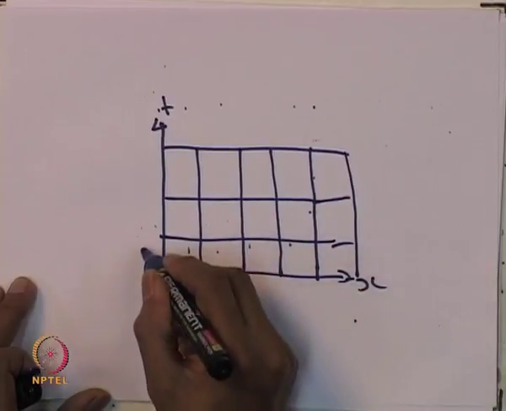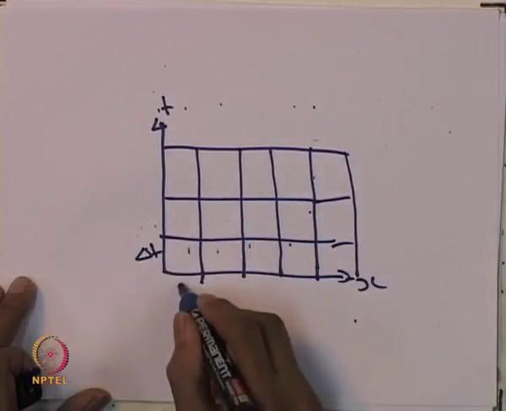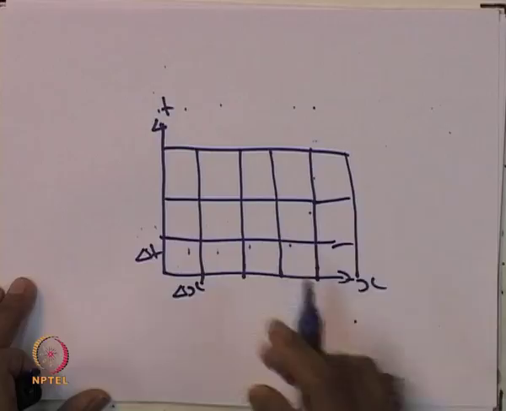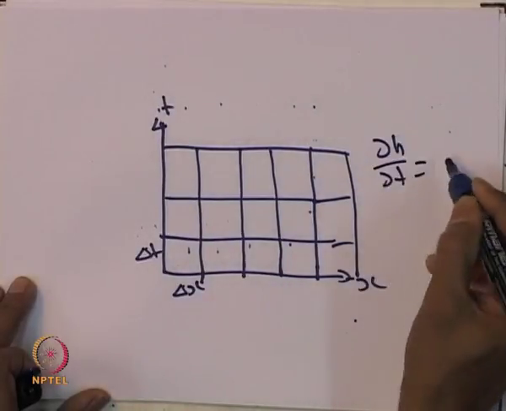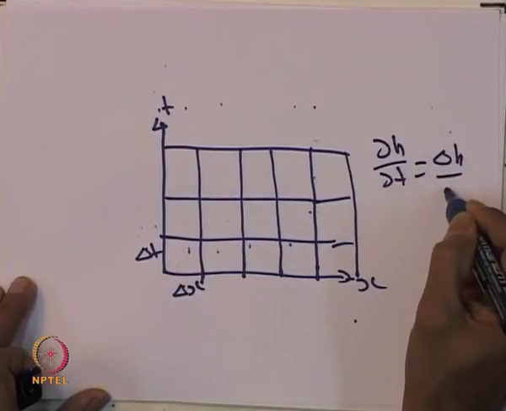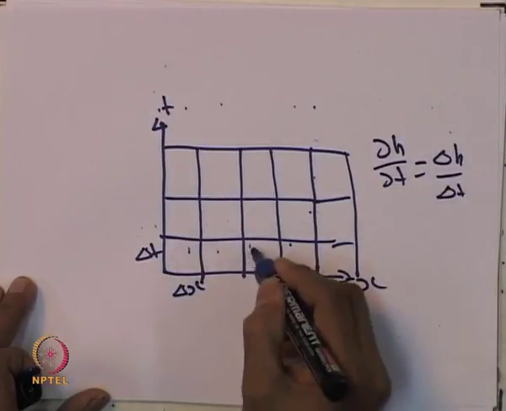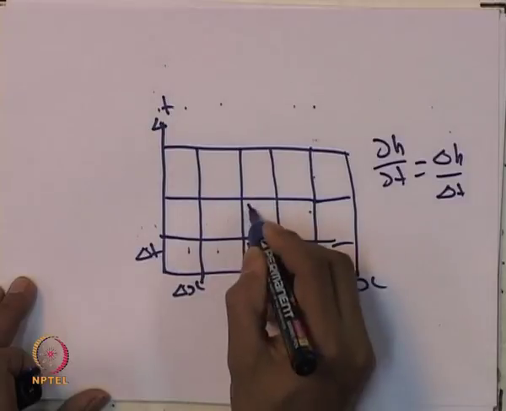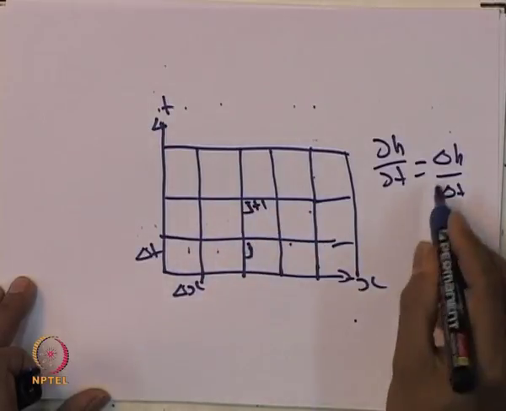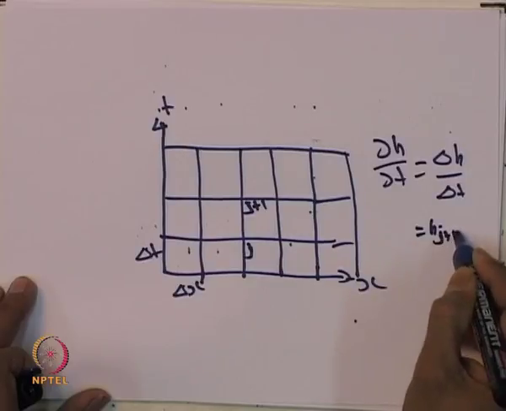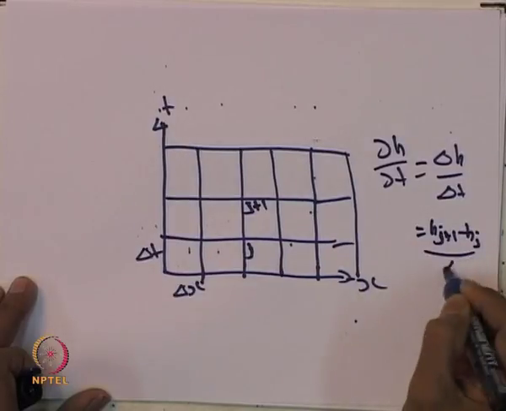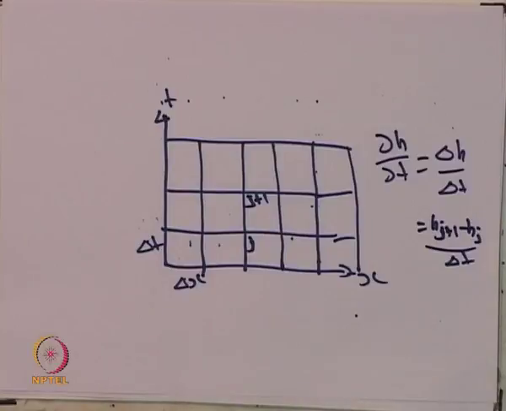So this will be delta t, and this will be delta x. If we consider this as j and this as j plus 1, we can write delta h by delta t as h j plus 1 minus h j divided by delta t. These details we will discuss further.